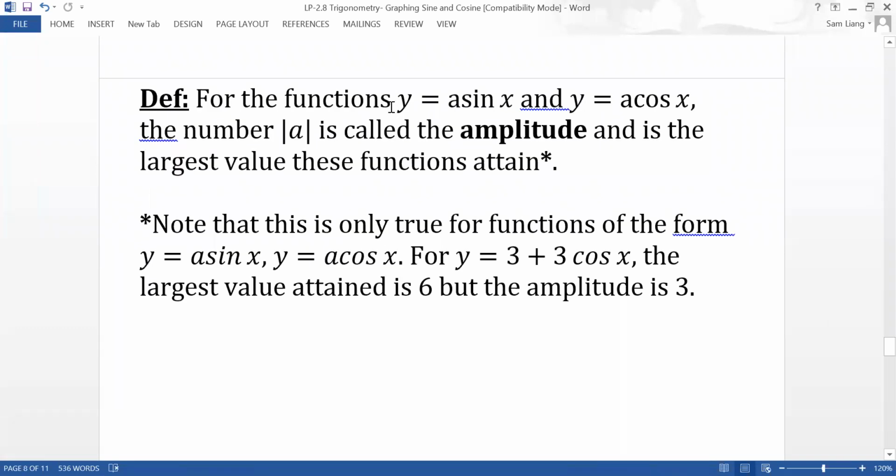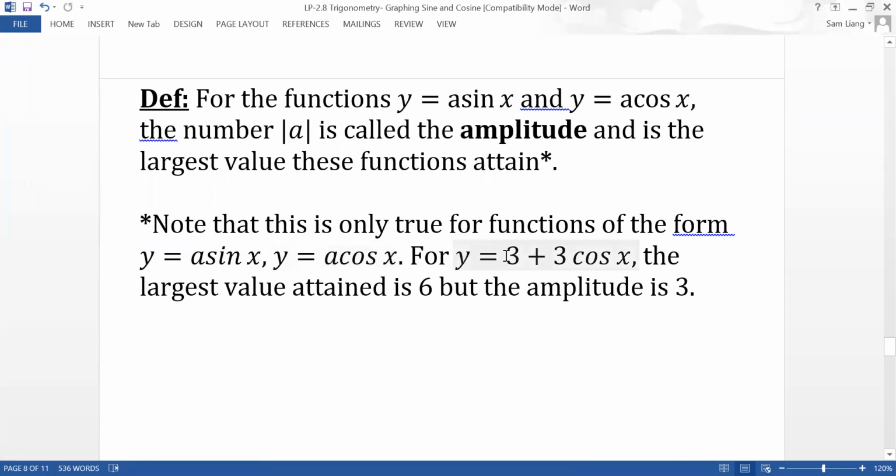Next we have, for the functions y equals a sine x and y equals a cosine x, the absolute value of a is called the amplitude and is the largest value these functions attain. Note that I have an asterisk here to direct you here. This is only true for functions of the form y equals a sine x and y equals a cosine x.